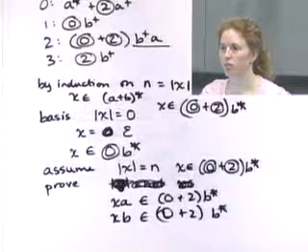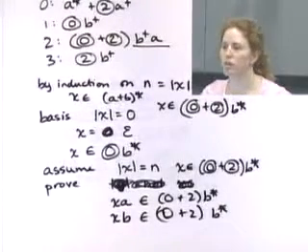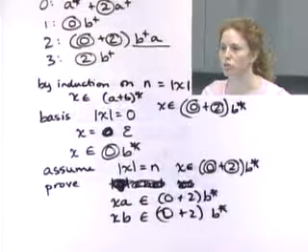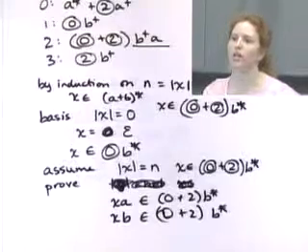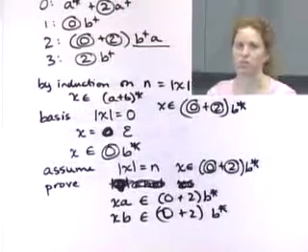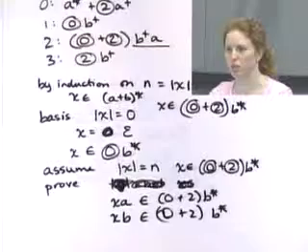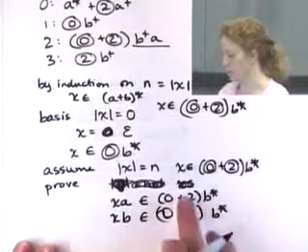Not x plus 1. No, it's not x plus 1 because x is a string, and I can't add numbers to a string. The size increases by 1. So what we normally write in a proof like this is: assume that if W has length n plus 1, then prove W is in here.